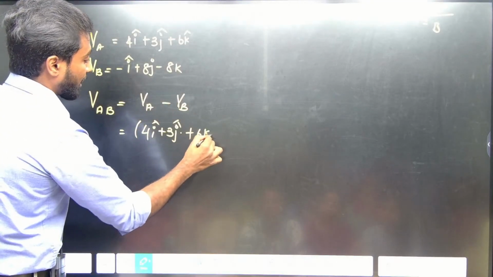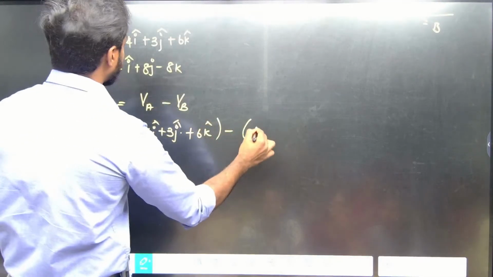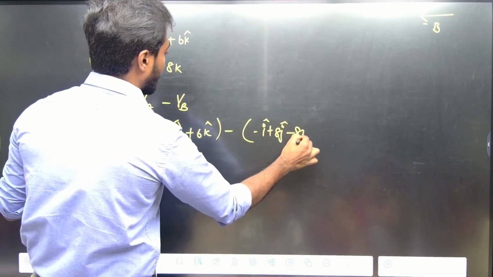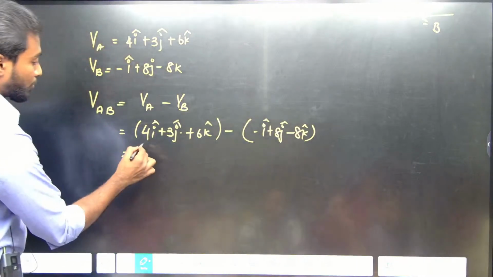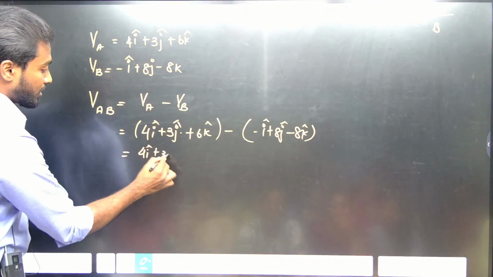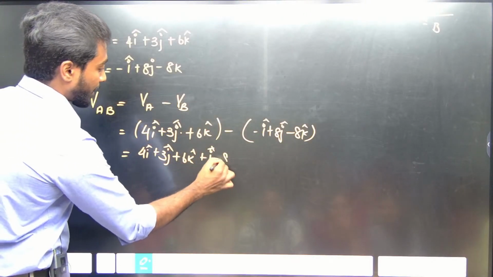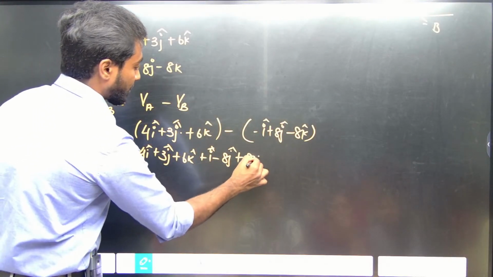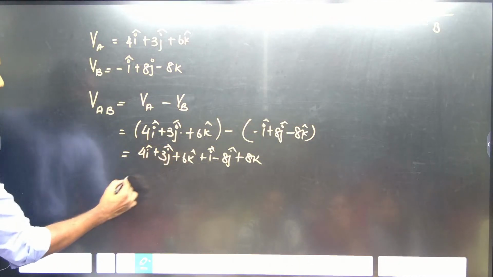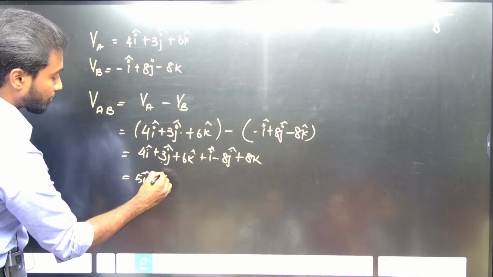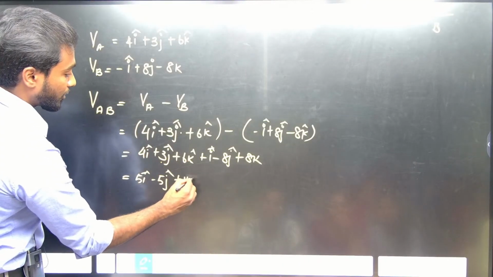Plus 6k cap minus i cap plus 8j cap minus 8k cap. So 4i plus 3j plus 6k plus i minus 8j plus 8k. So i and i, 5i, minus 5j plus 14k.